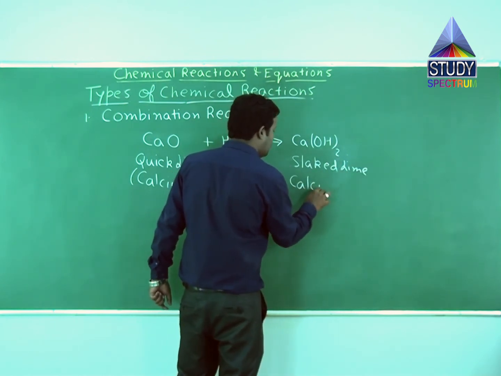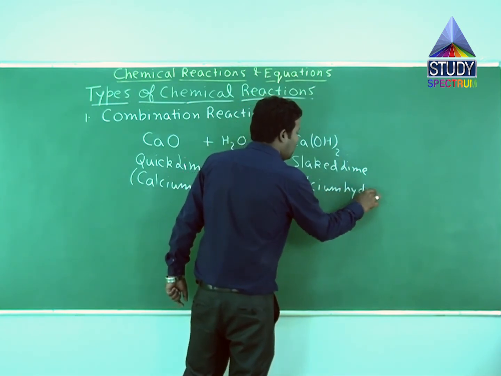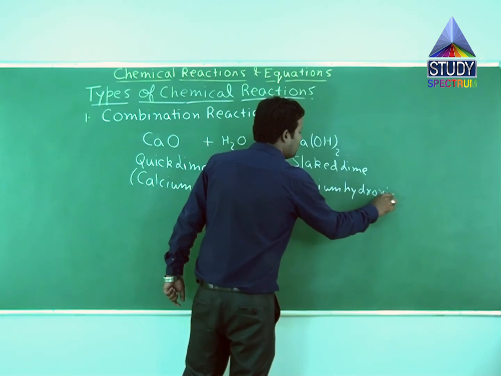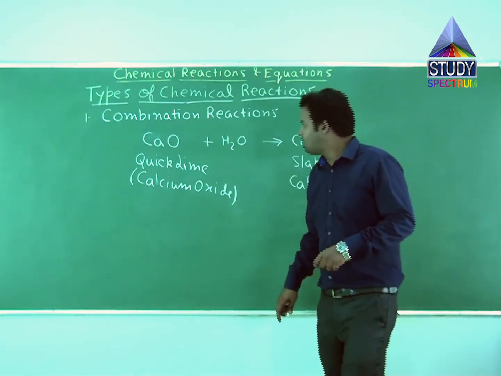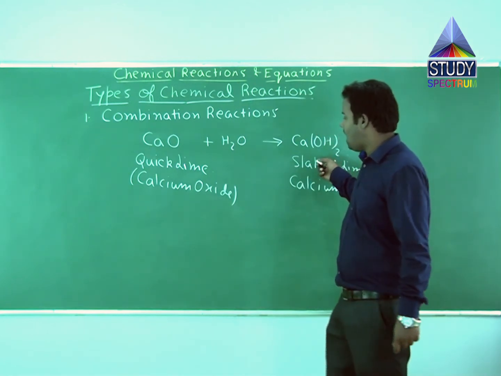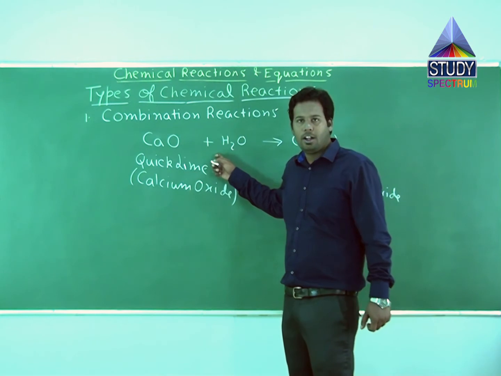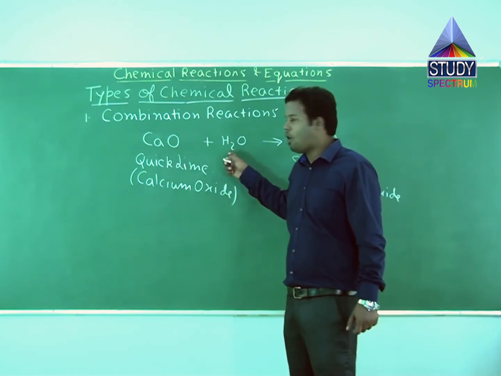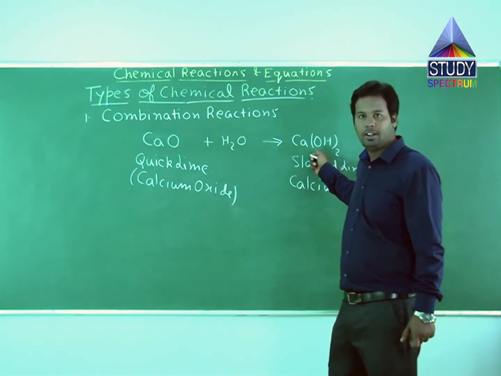Calcium hydroxide. Now, this is an example which tells us that when calcium oxide, quicklime, is dissolved in water, two types of reactants are combining to give a single product.